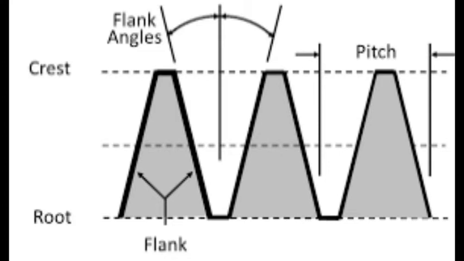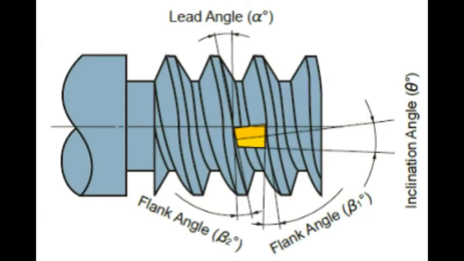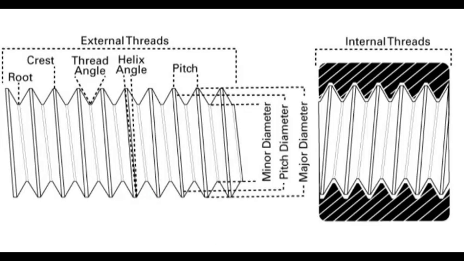And now lead angle on a straight thread. Lead angle is the angle made by the helix of the thread at a pitch line with the plane perpendicular to the axis. Next one is helix angle on a straight thread. The helix angle is the angle made by the helix of the thread at a pitch line with the axis.